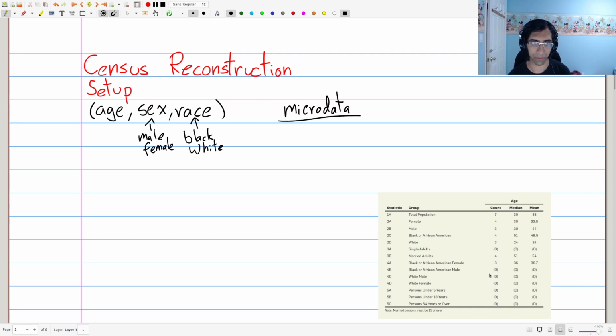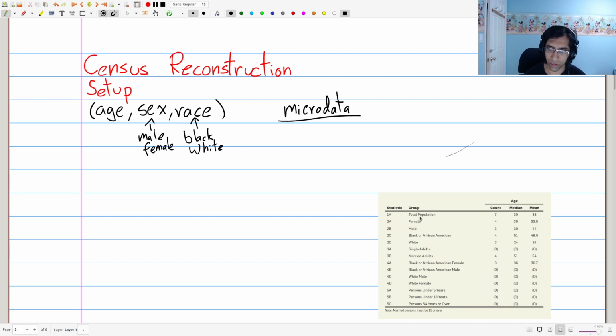And based on that, we'll be able to reconstruct a set of microdata which agrees with it. There are certain redundancies which will allow us to figure out which possibilities are feasible and which aren't. And given sufficiently many constraints, we're going to be left with only one feasible microdata, which is the true one. Okay, but we're getting a bit ahead of ourselves.